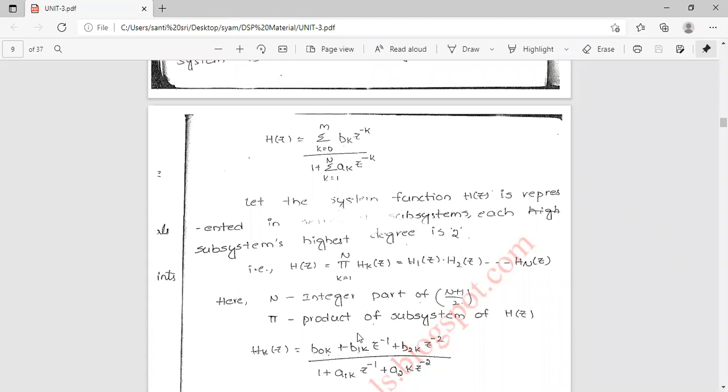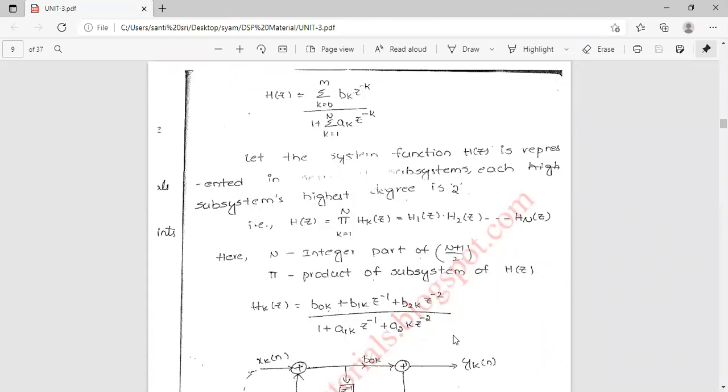Pi is the product of the subsystems of H of z. So H_k of z is equal to (b0k plus b1k z power minus 1 plus b2k z power minus 2) by (1 plus a1k z power minus 1 plus a2k z power minus 2), and so on.